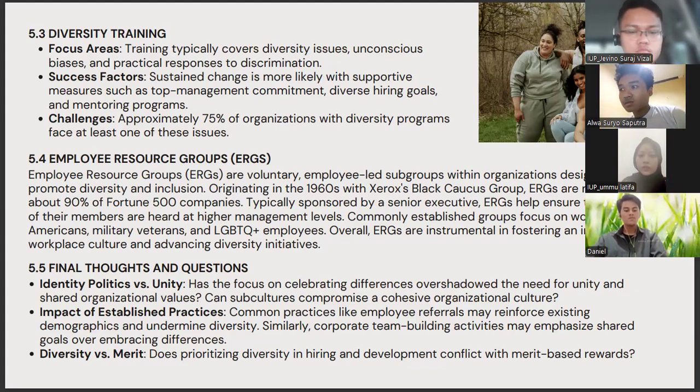Commonly established groups focus on women, African Americans, military veterans, and LGBTQ plus employees. For instance, AT&T's African American ERG has over 12,000 members and is associated with high retention rates.